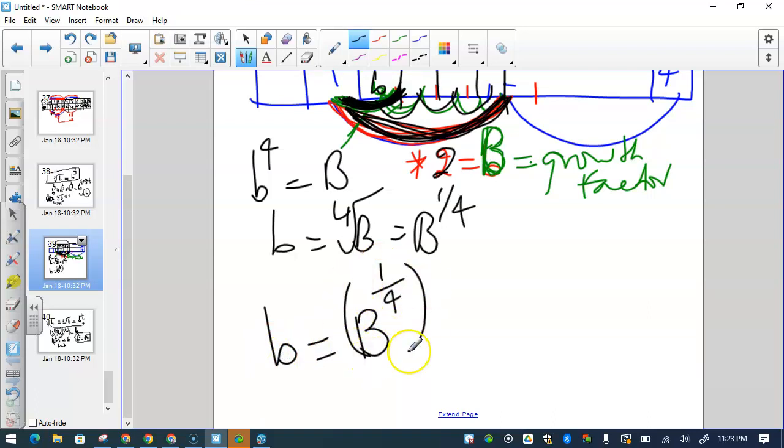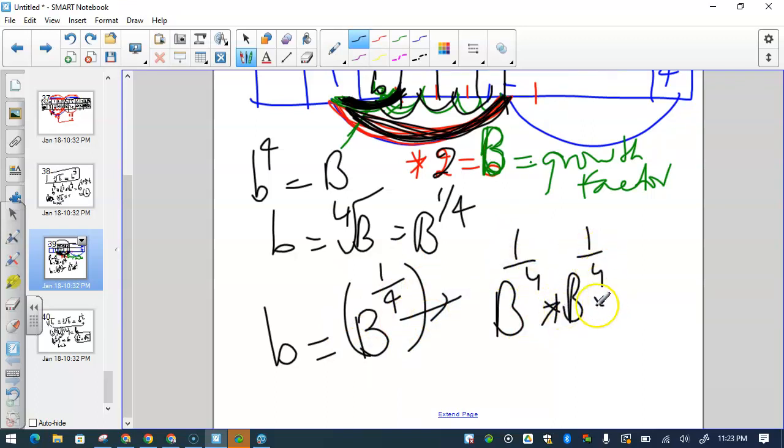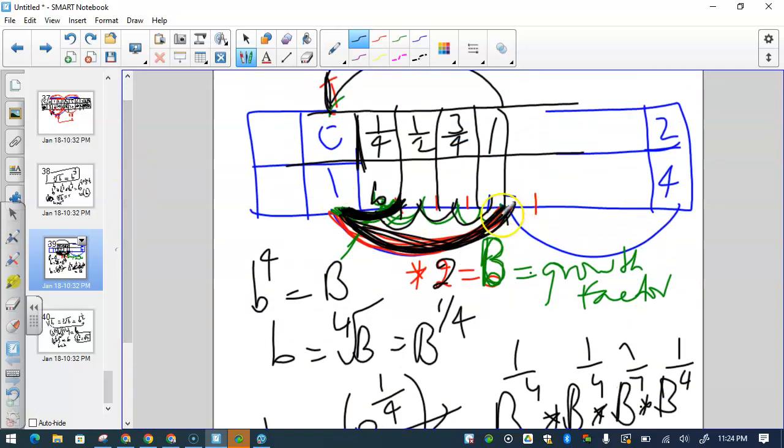See, so that's how it changes. Because B raised to 1/4 times B raised to 1/4 times B raised to 1/4 times B raised to 1/4 is B. This one is uppercase B, but this is lowercase b.